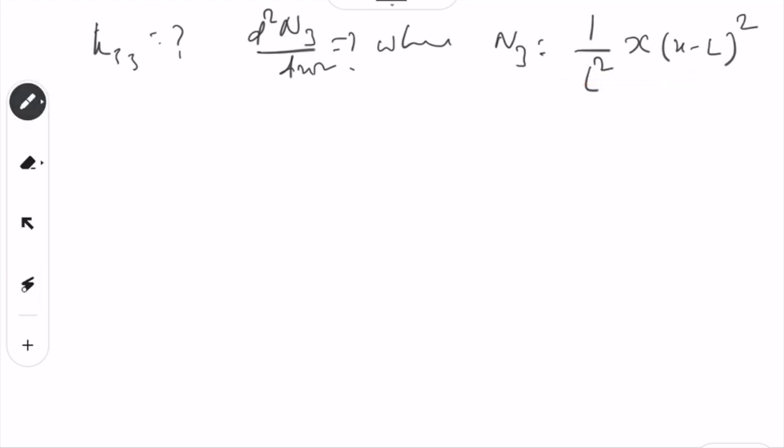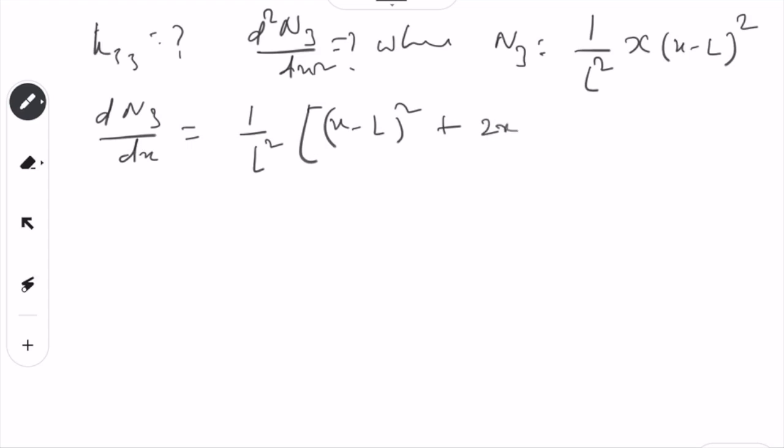That means dN3 over dx will be equal to 1 over L square, and then we have (x minus L) square plus 2x(x minus L).